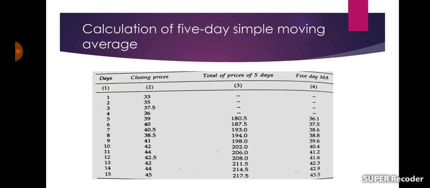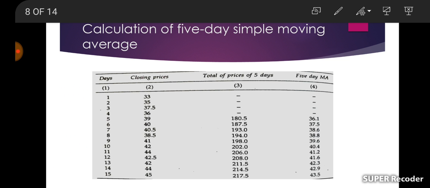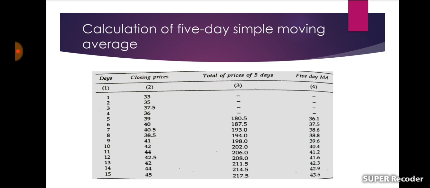So, here is an example for a 5-day simple moving average. Here the first total, that is 180.5, is obtained by adding the first 5 closing prices, that is 33 plus 35 plus 37.5 plus 36 plus 39.